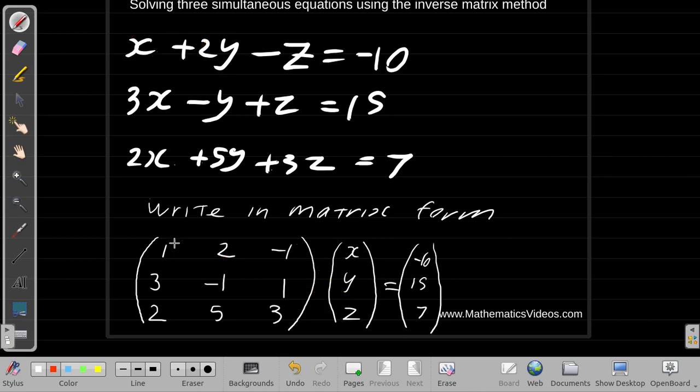Alright, let me repeat. 1x plus 2y minus 1z equal negative 10. You see it? So if you multiply out these two matrices, you're going to get back what you have up top here. 3x minus 1y plus z equal 15. 2x plus 5y plus 3z equals 7. So you see.